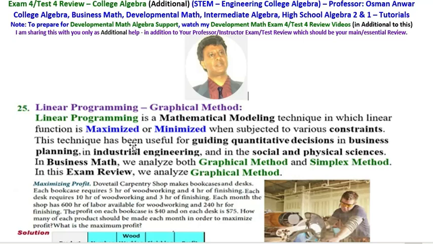This technique has been useful for guiding quantitative decisions in business planning, in industrial engineering, and in social and physical science. In business math, we analyze both graphical method and simplex method. In this exam review, we will analyze the graphic method.